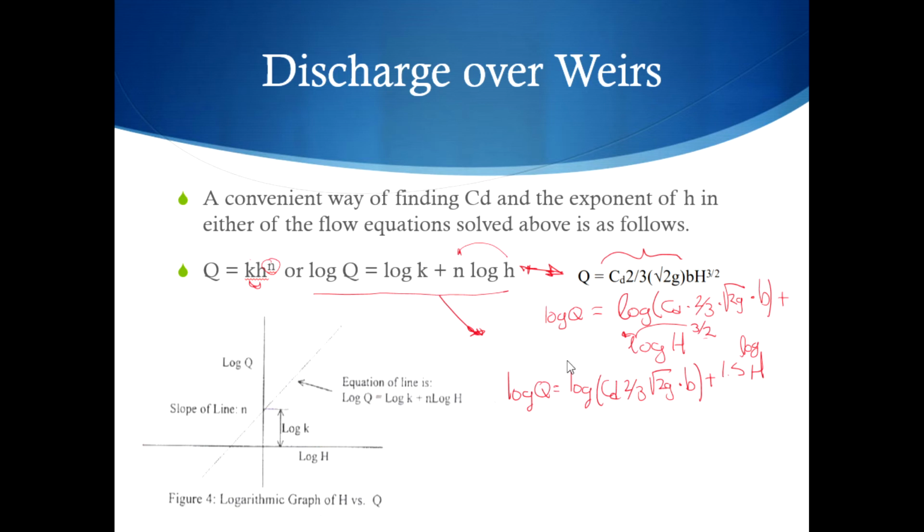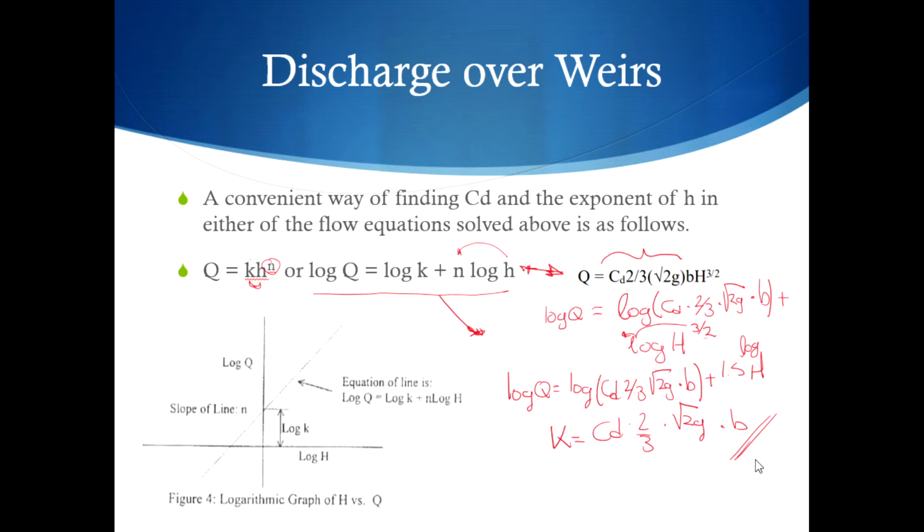So we can say that K will be equal to CD multiplied by 2/3 multiplied by square root of 2g multiplied by b. So we can determine that K is this equation. This equation is extremely important in order to find CD.